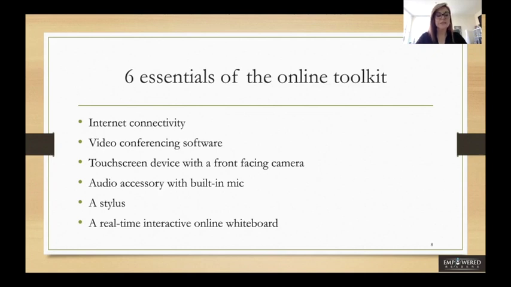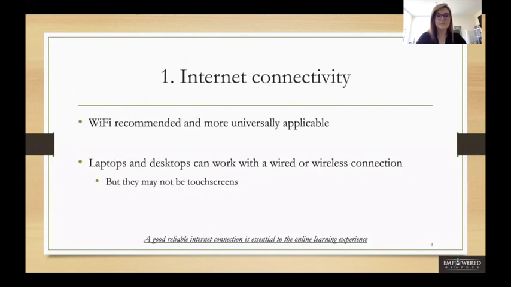That needs to be internet connectivity, a video conferencing software, a touchscreen device, and typically that's going to have a front-facing camera or a second device with a front-facing camera. An audio accessory with a built-in mic is a plus, but not a must. A stylus is useful, and then a real-time interactive online board is that last piece that we find really helps make this a very interactive experience.